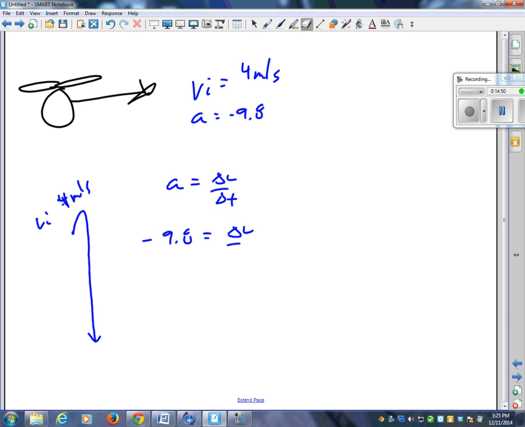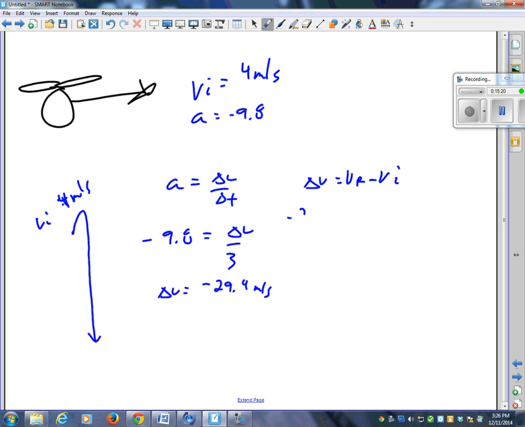Delta v is 3 times 9.8, which is minus 29.4. Is that the final velocity? No, why not? Because v_i is not equal to 0.